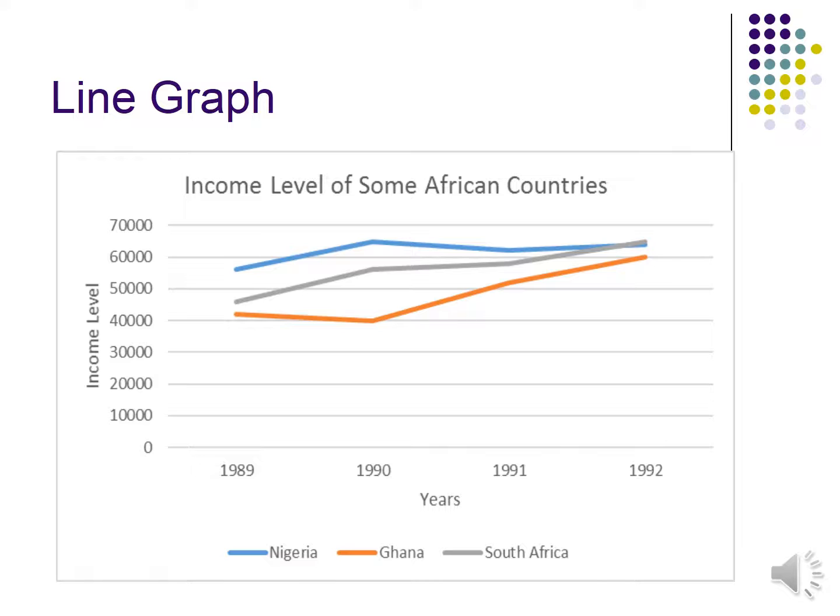So in this particular situation, we have this line graph that is explaining the three African countries: Nigeria, South Africa in ash, and Ghana in orange. And if you look at it, you'll see with what we've been explaining that the rate of increase of Ghana has been the highest, followed by South Africa, and Nigeria maintaining the lowest marginal increase.